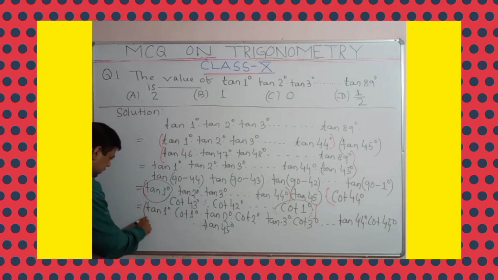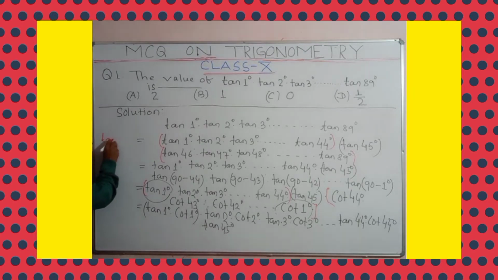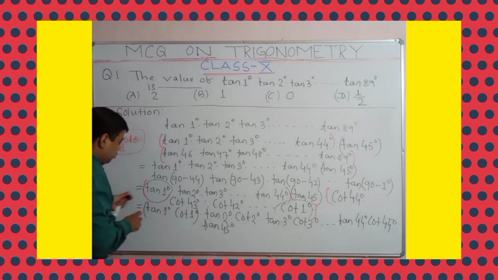So you know tan theta into cot theta. What is the value of tan theta into cot theta? Yes or no? You know the value is 1. All of you know tan theta into cot theta is equal to 1. So now, this tan 1 degree into cot 1 degree value will be 1.